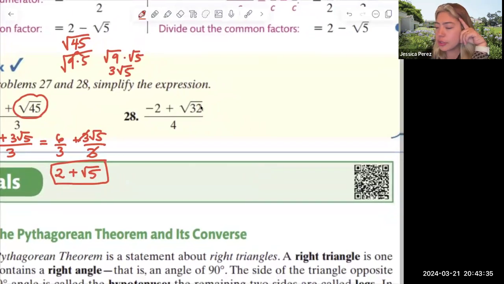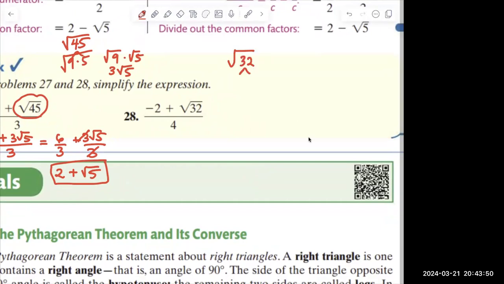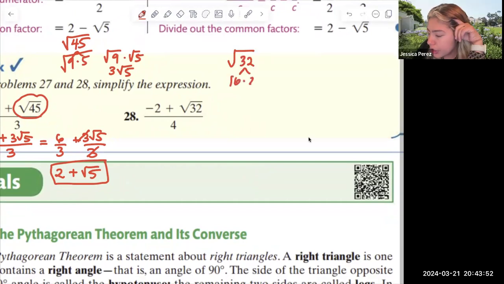For 32, what are the multiples of 32? Which is the highest with the greatest square root? 16 and 2. Thank you, Ariel, 16 and 2. So that breaks down as the square root of 16 times the square root of 2. That's 4 root 2.